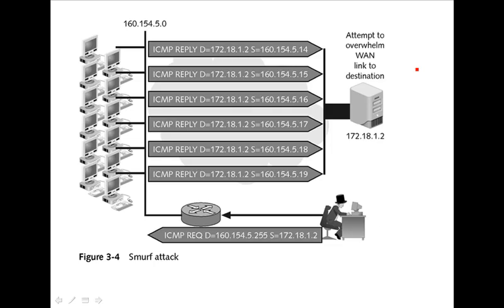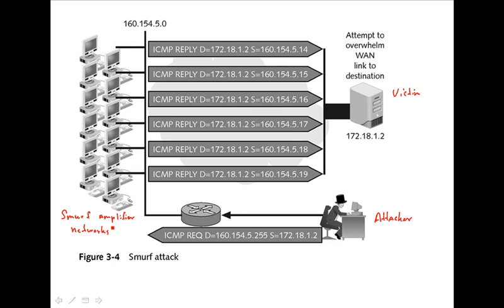So down here you have the attacker. And up here you have the victim. So the attacker crafts a packet and sends it to a network, and we usually call these networks Smurf amplifier networks.